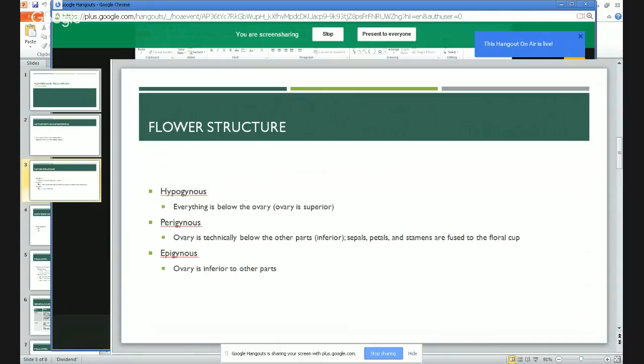And then in the fuchsia flower on the right side, the stamens are actually attached to the floral tube. So sometimes they can be attached directly to the ovary, sometimes they can be attached to the floral tube. But that kind of gives you an idea of the three different structures that flowers will take.